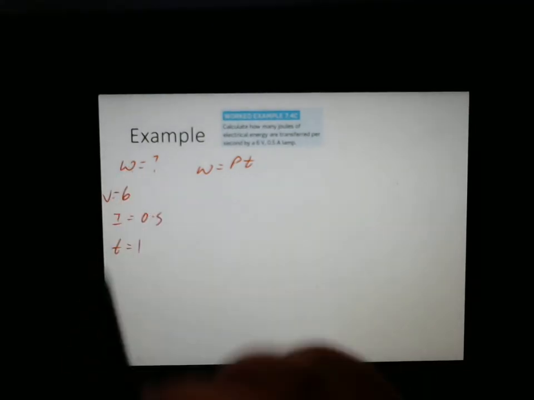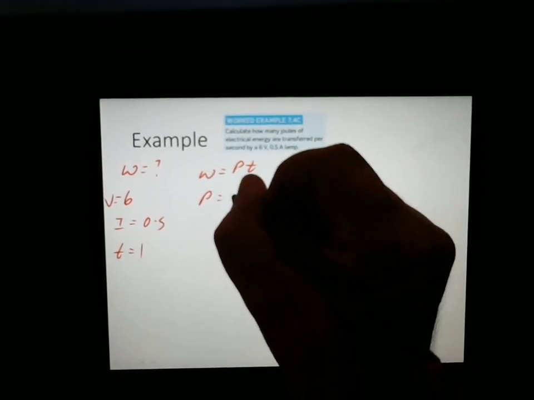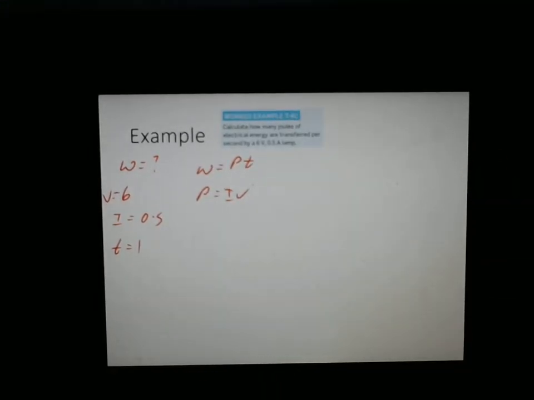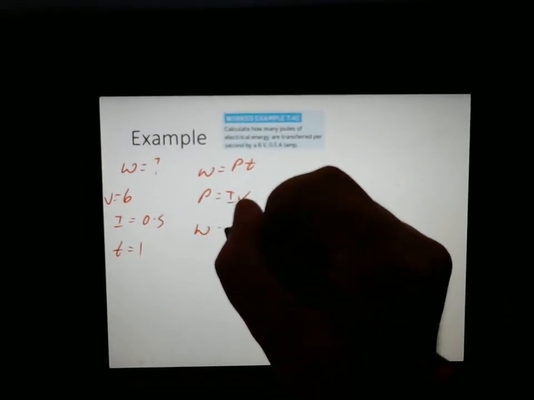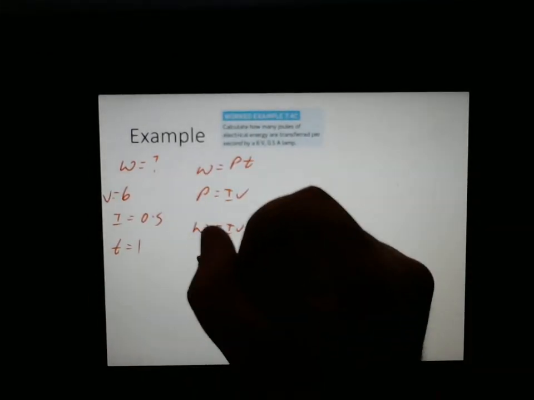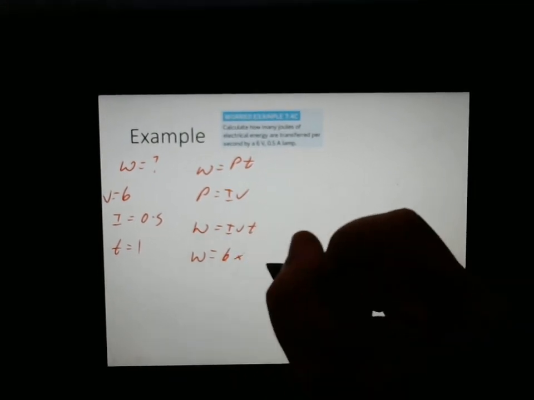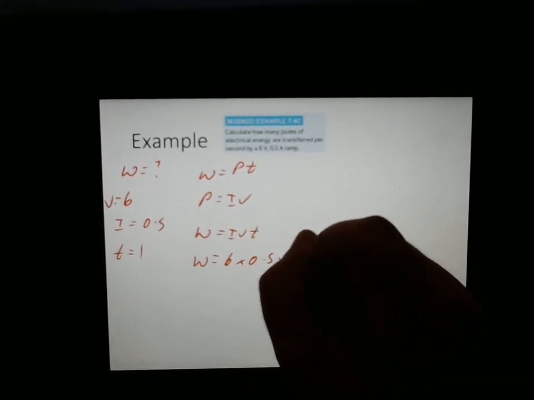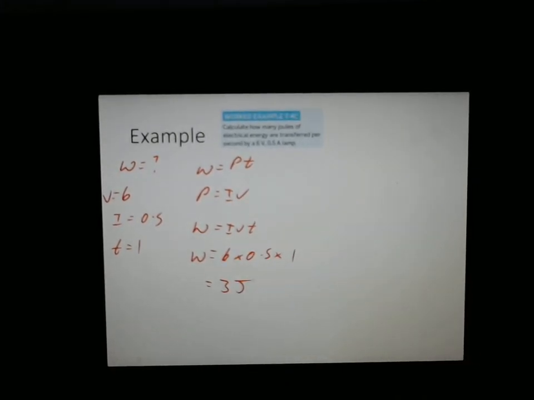I do want work there, and I have that power equals current times voltage, P equals IV, and I have those, so I could substitute those together. Work equals IVT, and now I can substitute them all in. Work equals 6 times 0.5 times 1, which is going to equal 3 joules of energy.